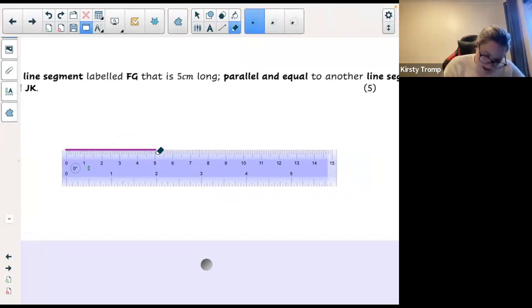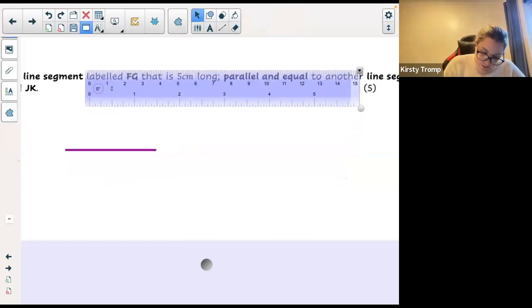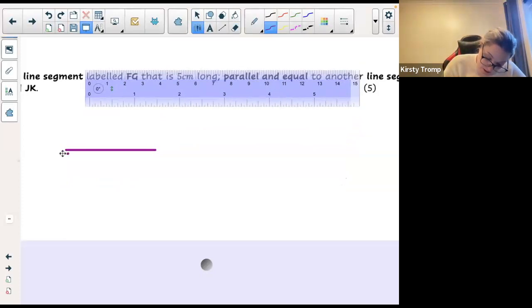There we go, 5 centimeters. And we want to label him FG. Now he needs to be parallel and equal to another line segment.